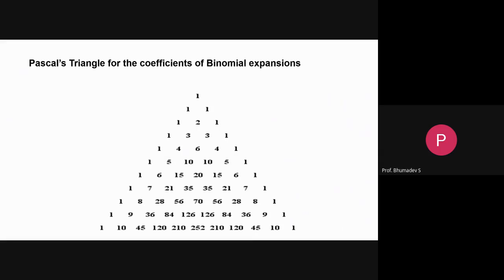So this is the Pascal's triangle. Whenever we use the binomial expansion, we are supposed to write down this part for our understanding in order to get the coefficients of the expansions.